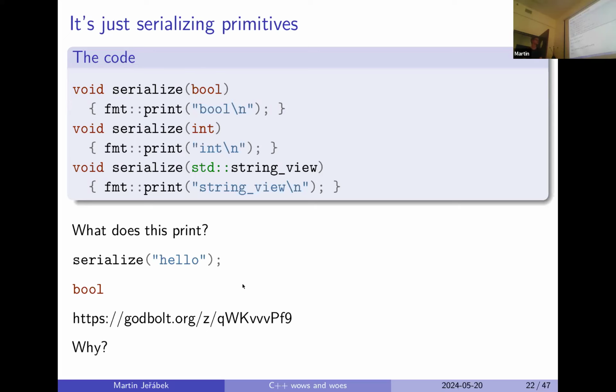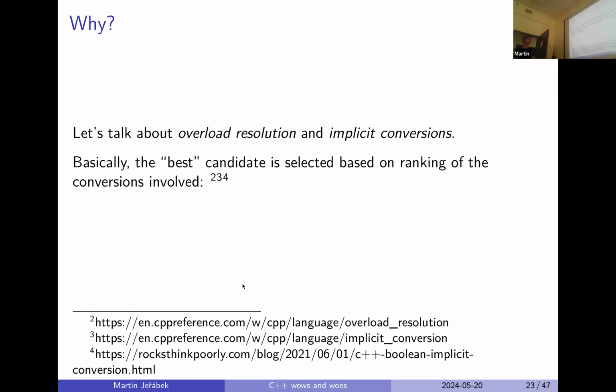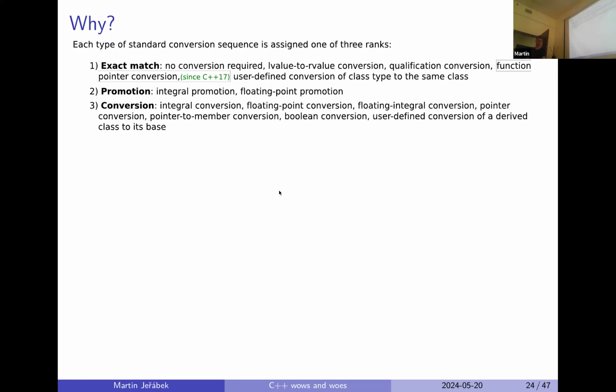It's not really, but let's pretend it is. And how does it compare the conversion methods? Either it's an exact match, which it is not, or it can do promotion, which is integer promotion: if you have types smaller than the size of int, it converts them to int.